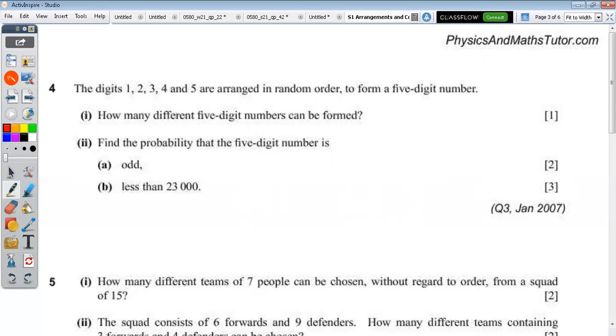Okay, so they want a 5-digit number. I keep forgetting the name of the exclamation mark. You know what I'm talking about? Factorial. Sorry, so it'll be 5 factorial.